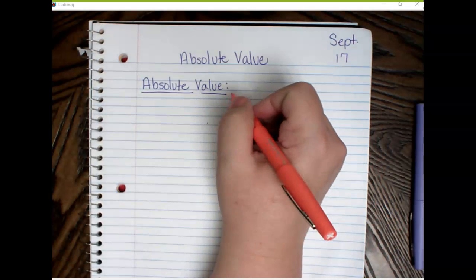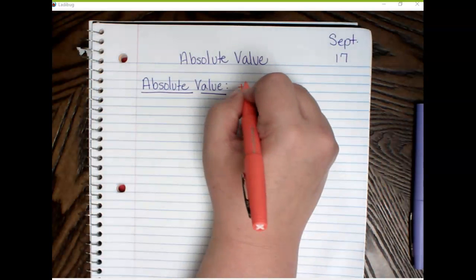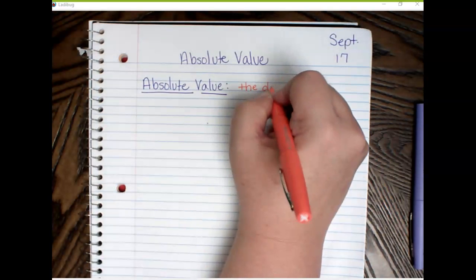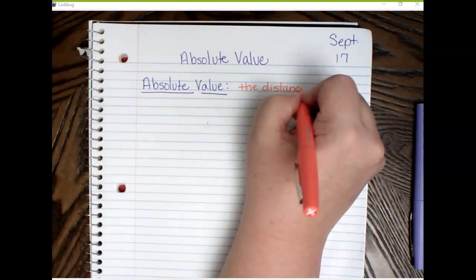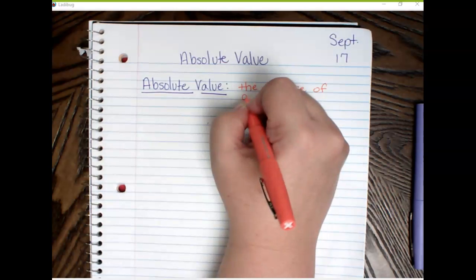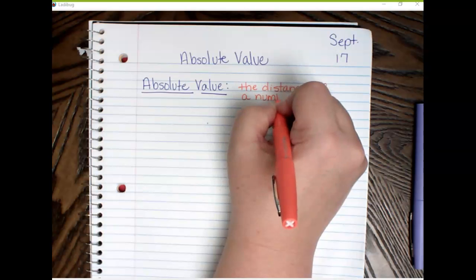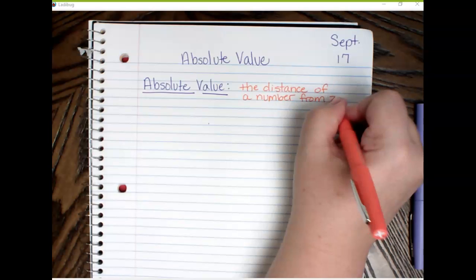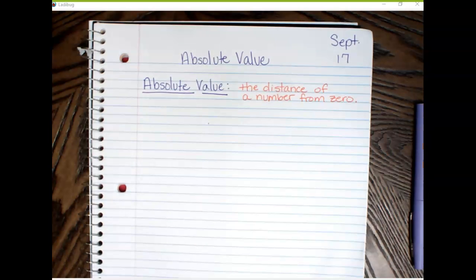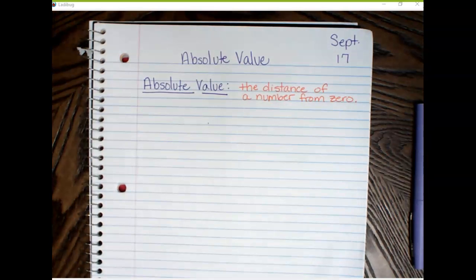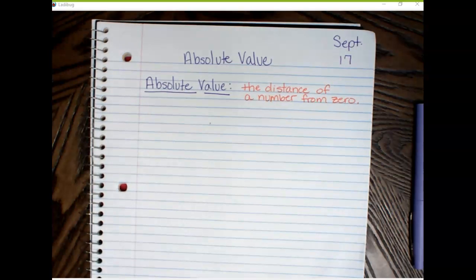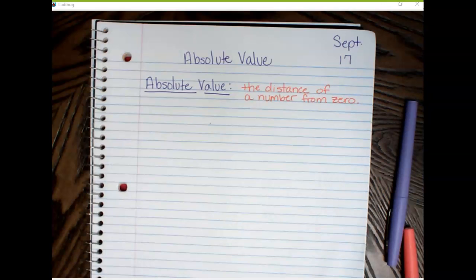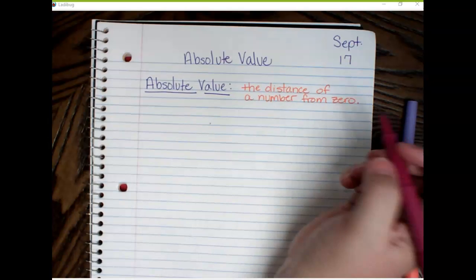So the definition of absolute value is the distance of a number from zero. So how far away is a number from zero? Something else.